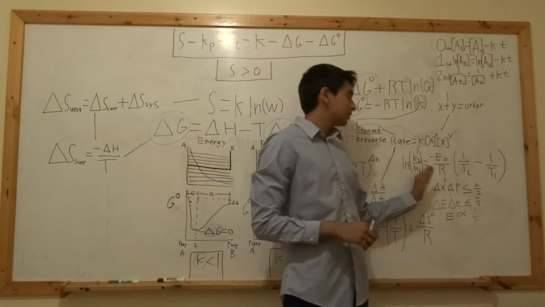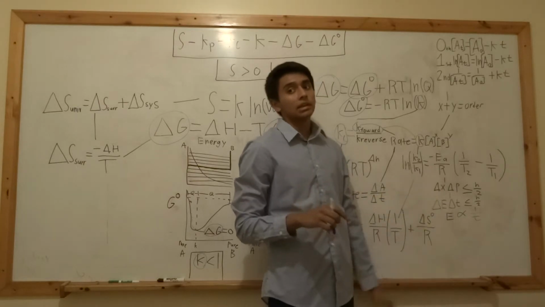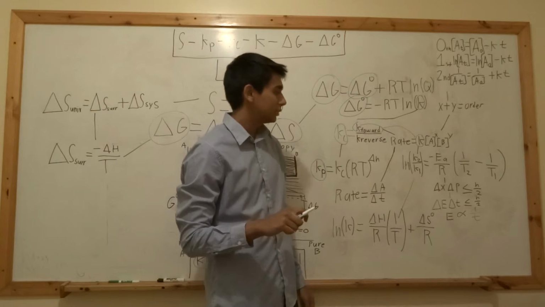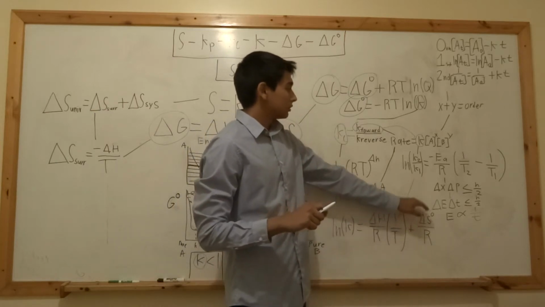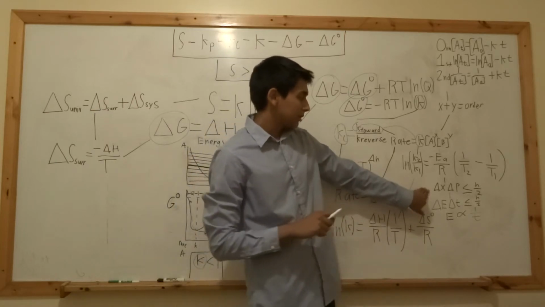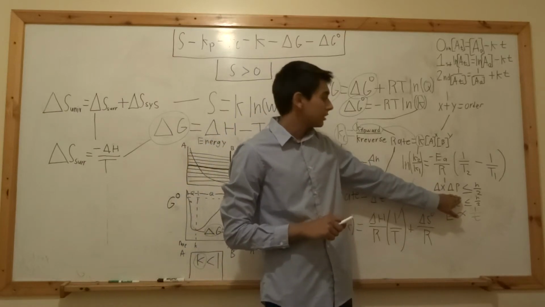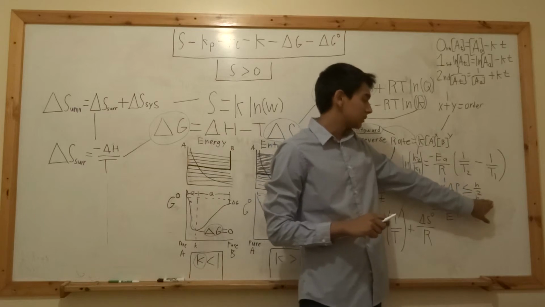And activation energy can actually be affected by catalysts. Catalysts lower the activation energy and cause the rate to increase. So how they work is through the Heisenberg uncertainty principle, which states that the change of position times the change of momentum is greater than or equal to the reduced Planck constant over 2.